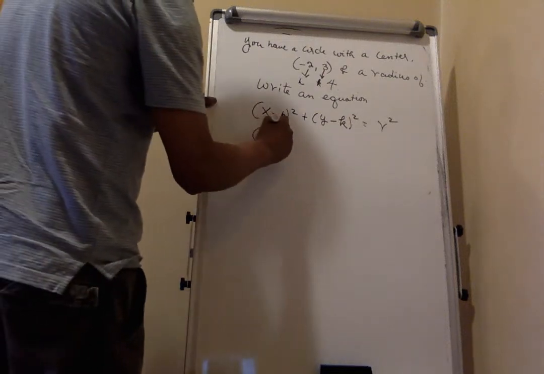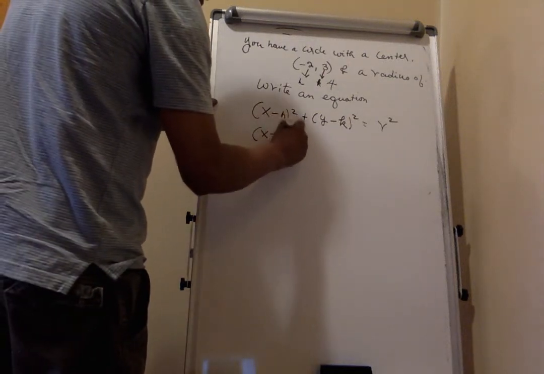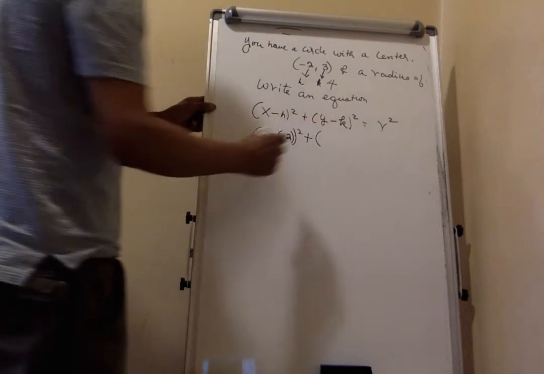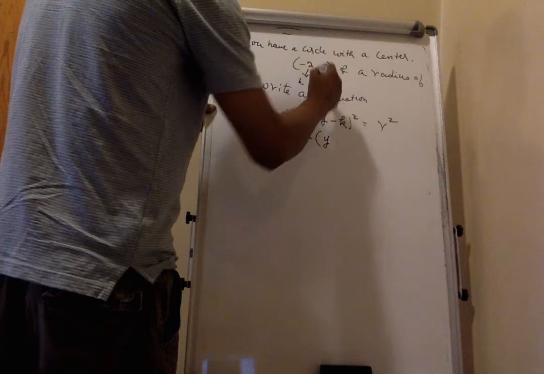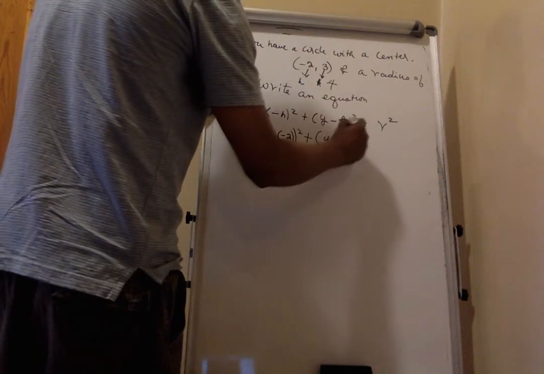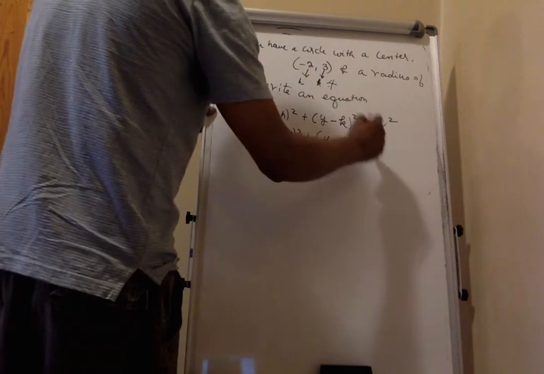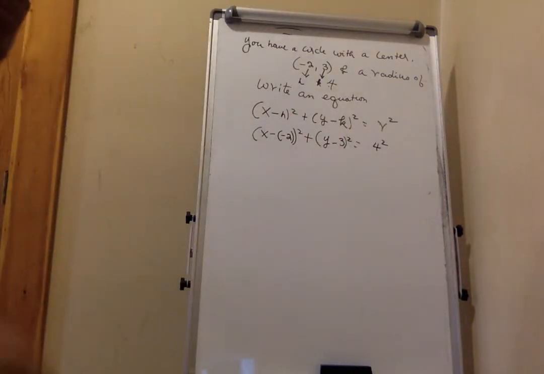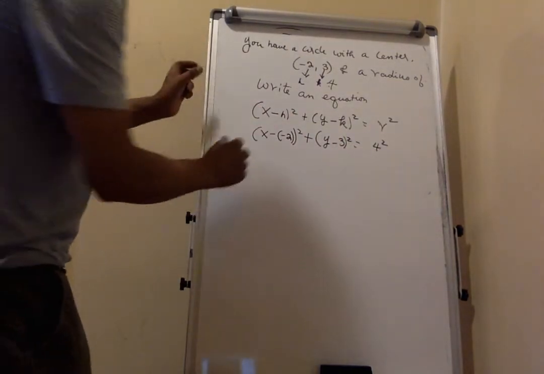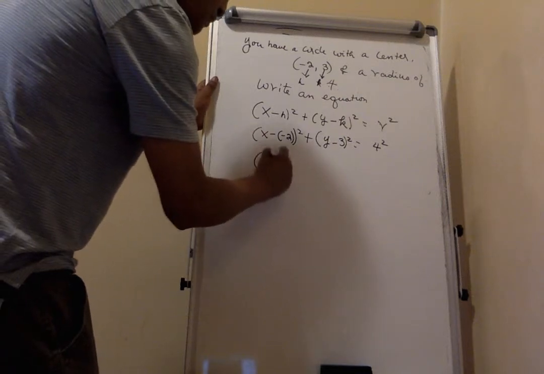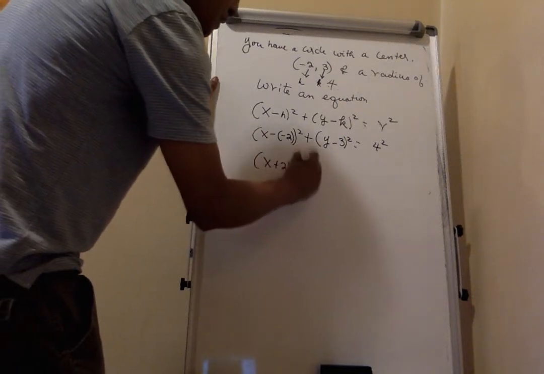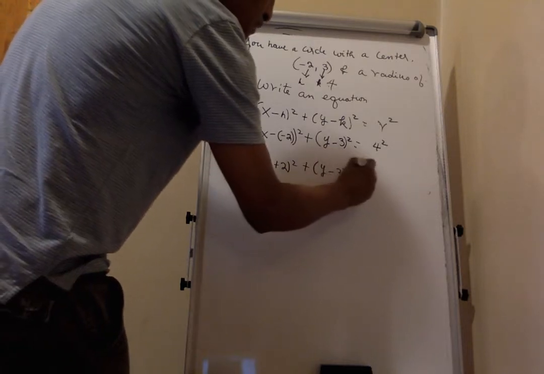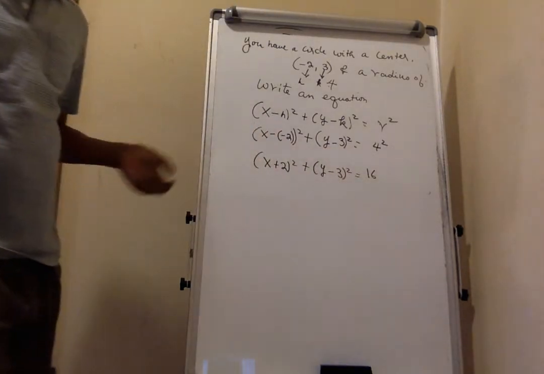So I'm going to write x minus -2 squared plus y, your k is 3, minus 3 squared, and your r is 4, so it would be 4 squared. Now this becomes x plus 2 squared plus y minus 3 squared is equal to 16.